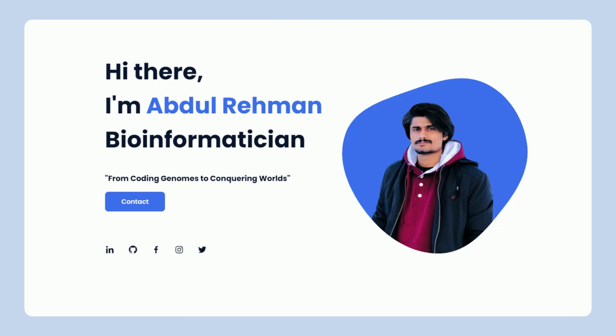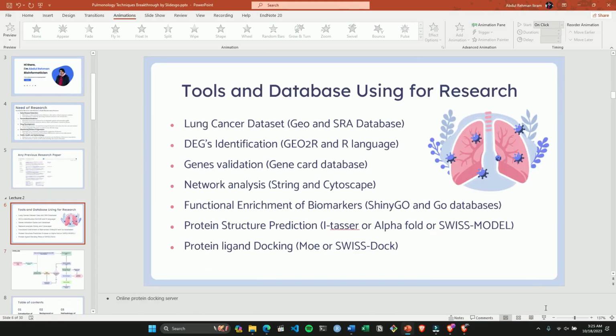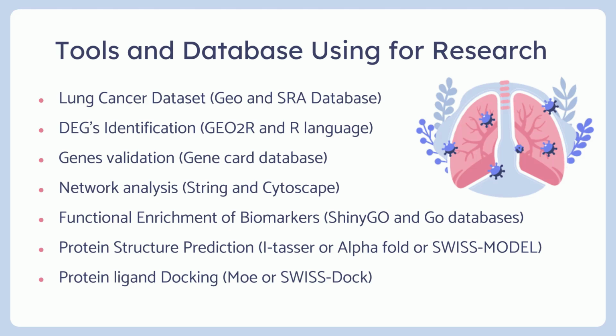In the next lecture we are going to talk about the tools and databases that we are going to use for this research. After going through the basic tools and databases that we need, you can have an idea of how we are going to use these things to perform our research.